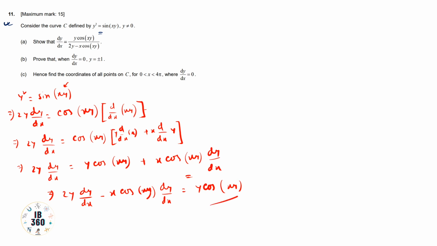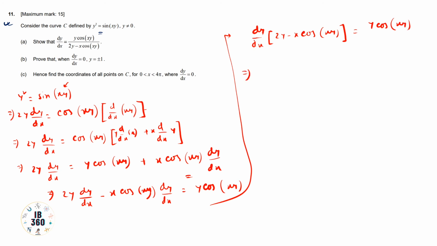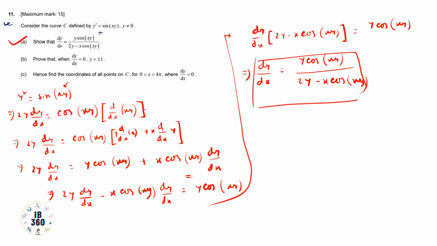From here just see the steps, I am taking dy/dx as common, that is (2y minus x cos xy) equals to y cos xy. So I am getting dy/dx to be y cos xy divided by 2y minus x cos xy. So this is the derivative that we need to find out, and the first part is done.